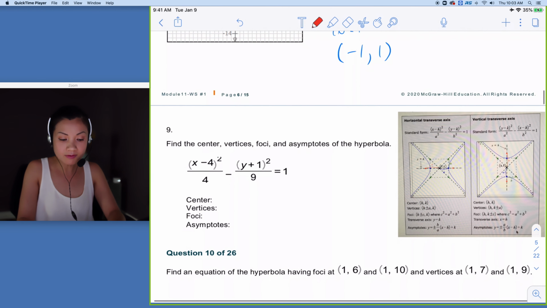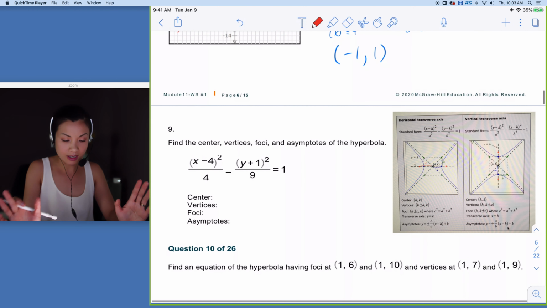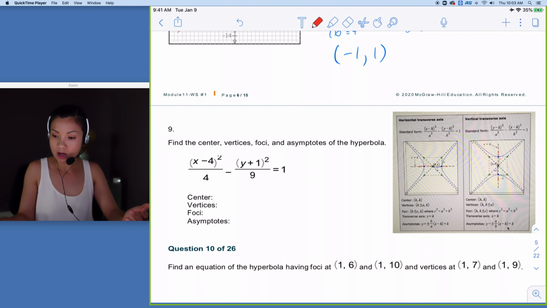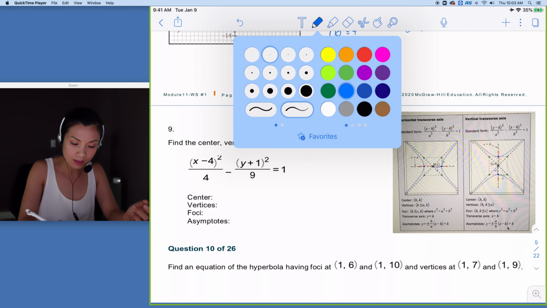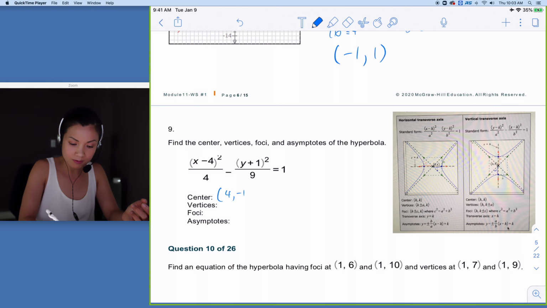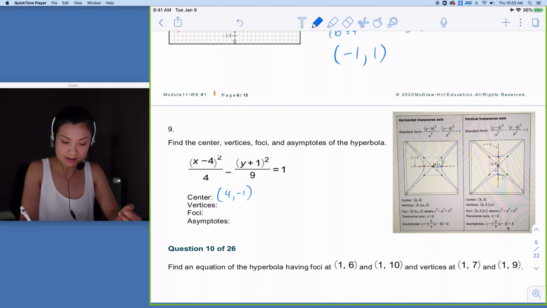Now, what if they give you the equation and they're asking for all the information? So what you have for the center is still (h, k). So it's going to be 4, negative 1. Okay. Now you can see that we have y plus 1 squared, we have x minus 4 squared, which is the horizontal transverse axis, right?